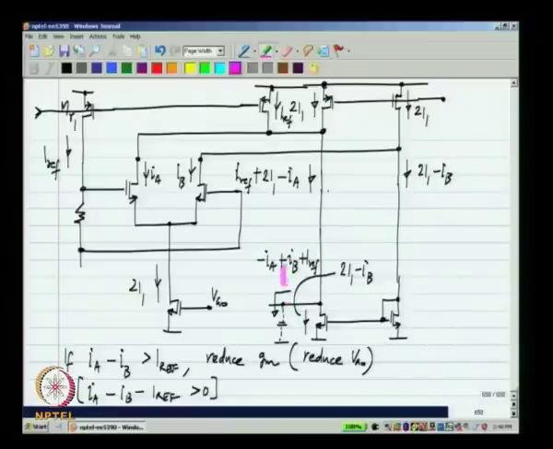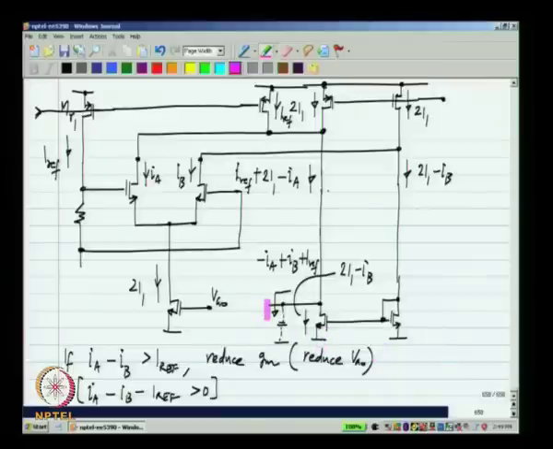Now what happens if this term is more than 0, that is IA minus IB minus IREF is less than 0, then this voltage will go on increasing, okay. And similarly if this term is less than 0, this term will go on reducing, okay. And you see that is in exactly the direction that we wanted, okay.